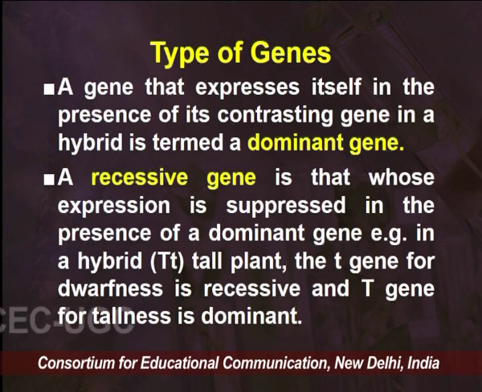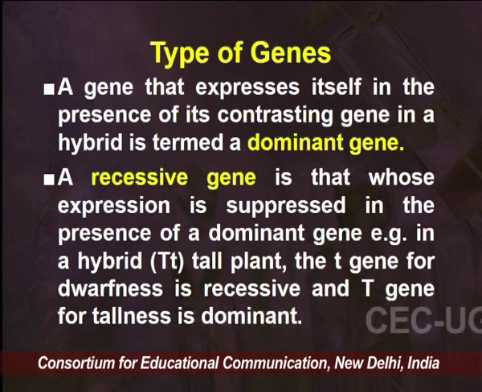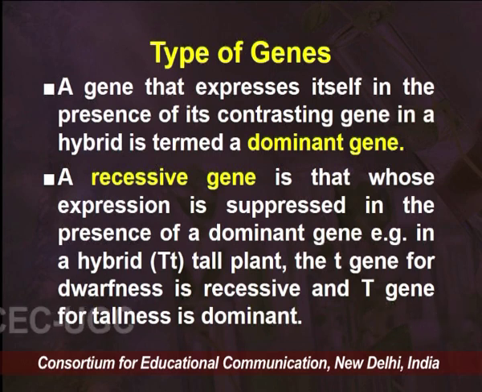So, a recessive gene is one whose expression is suppressed in the presence of a dominant gene. In a hybrid, capital T and small t, presented as Tt, the plant is tall; the small t gene for dwarfness is recessive and the capital T gene for tallness is dominant.